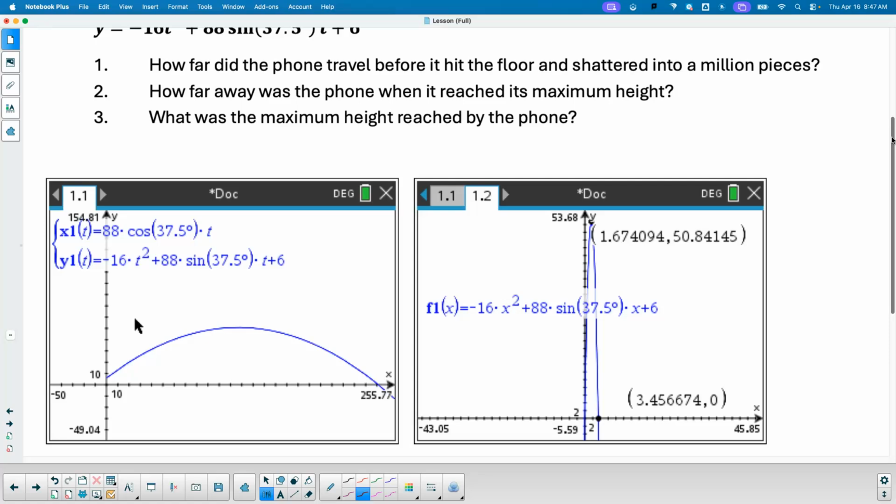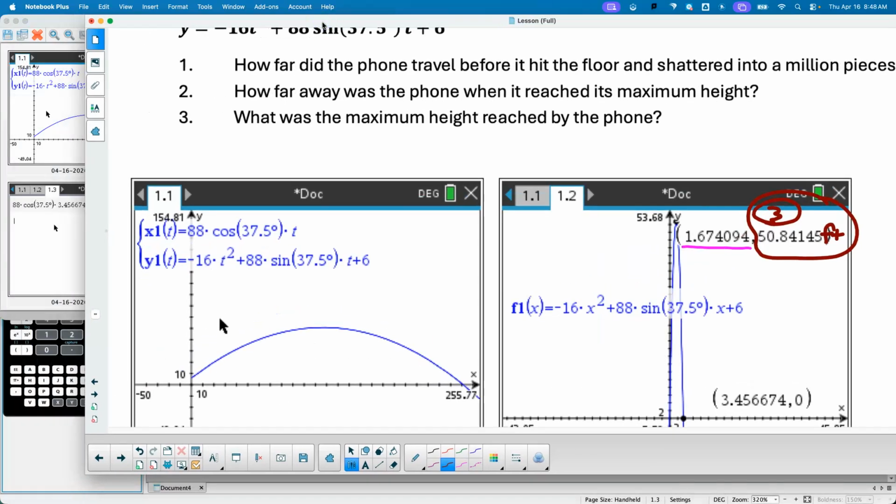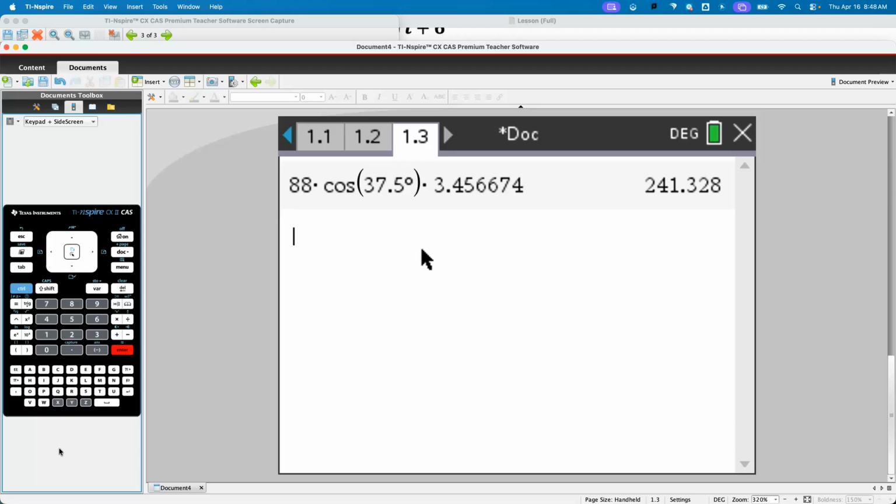We would have to plug this number, 1.674094, into x of t, but here is the answer to the maximum height for my number 3. There's my 116.877.